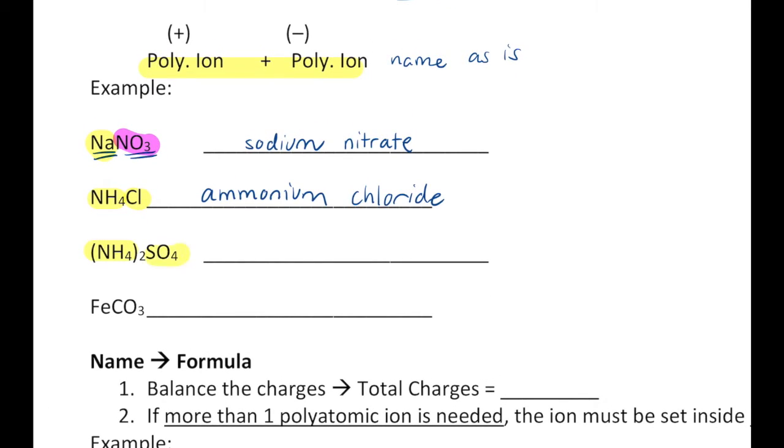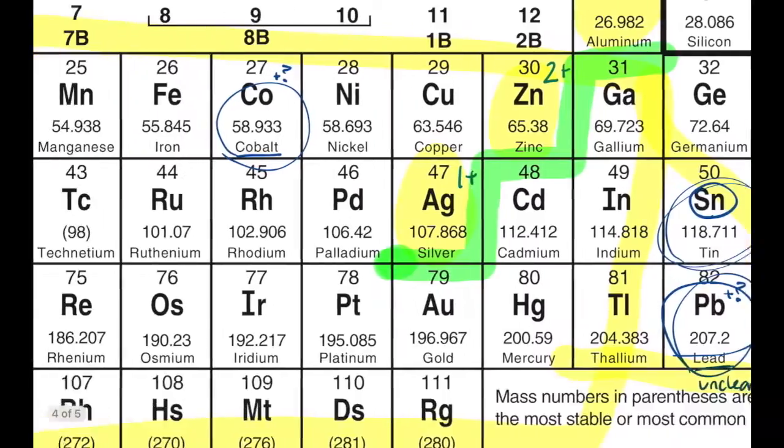Next example, now it looks like we have a lot of different elements there. So these are two polyatomics. We're going to look both of these up. NH4, we already know what that is. That's ammonium. And notice it's in parentheses there. A parentheses surrounds the entire polyatomic ion, and then we also have a 2 on the outside on the bottom right. That means we have 2 of those ammonium polyatomic ions.